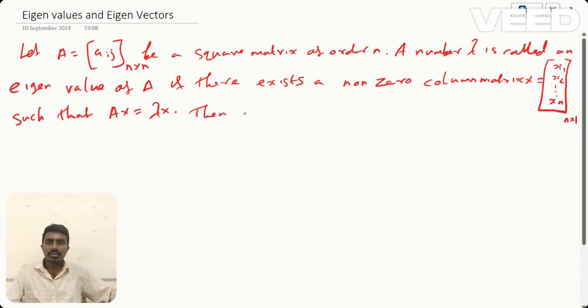Then x is called an eigenvector of A corresponding to the eigenvalue lambda.